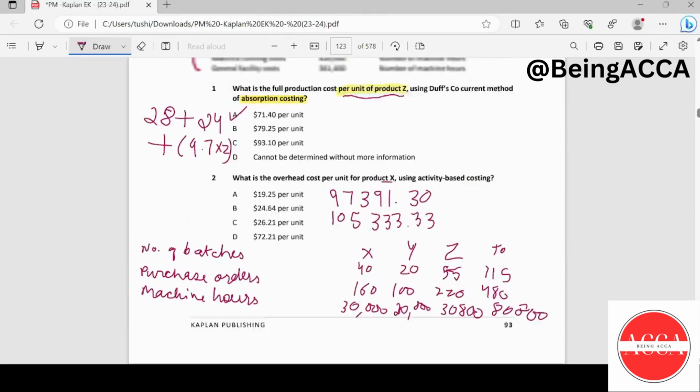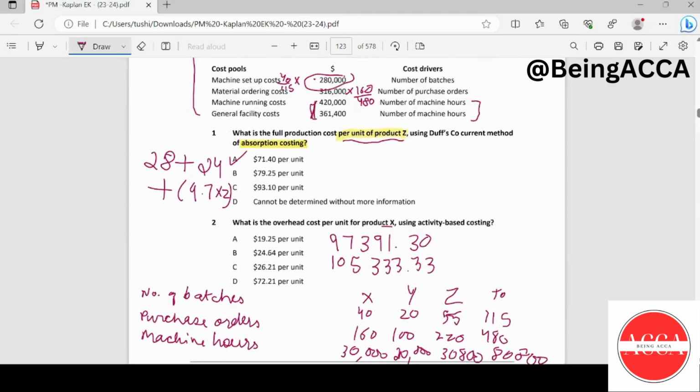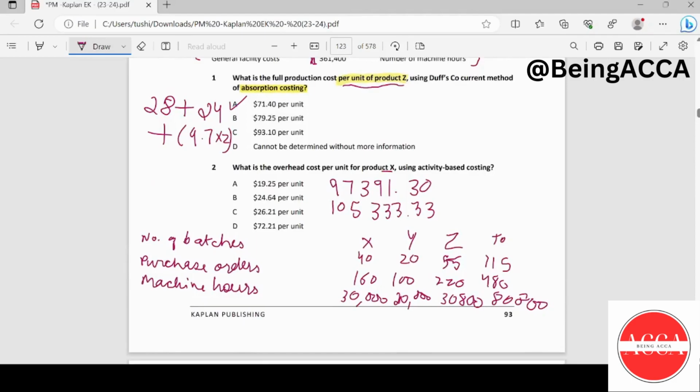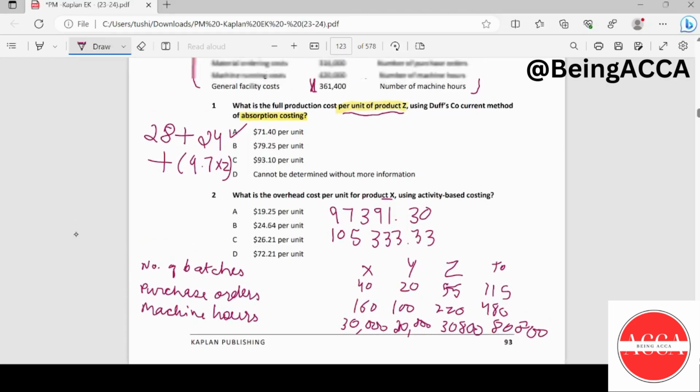Right. Now I'm going to take these two costs, add them up, 420,000 plus 361,400 and multiply this by 30,000, which is the number of hours per X, and divide that by 80,800, which is the total number of hours.